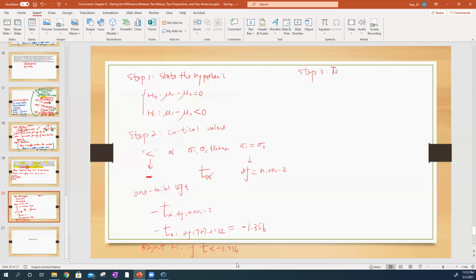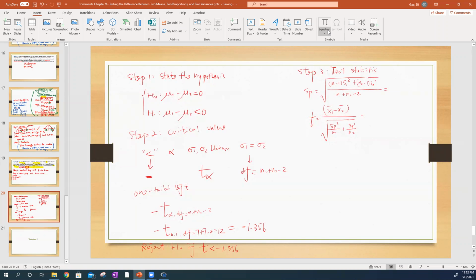So then step 3, we want to calculate the test statistic. So t equals x1 bar minus x2 bar over square root of sp squared over n1 plus sp squared over n2. So we need sp, right? So that's square root of n1 minus 1 times s1 squared plus n2 minus 1 times s2 squared, divided by n1 plus n2 minus 2.